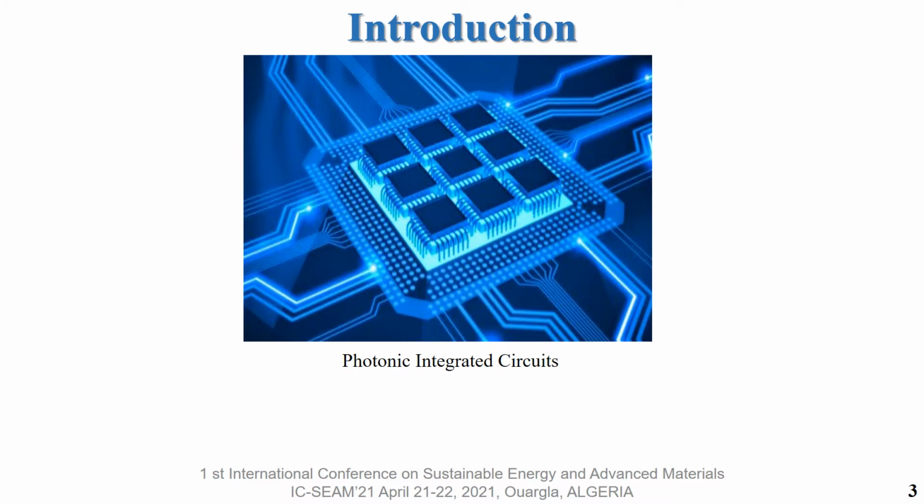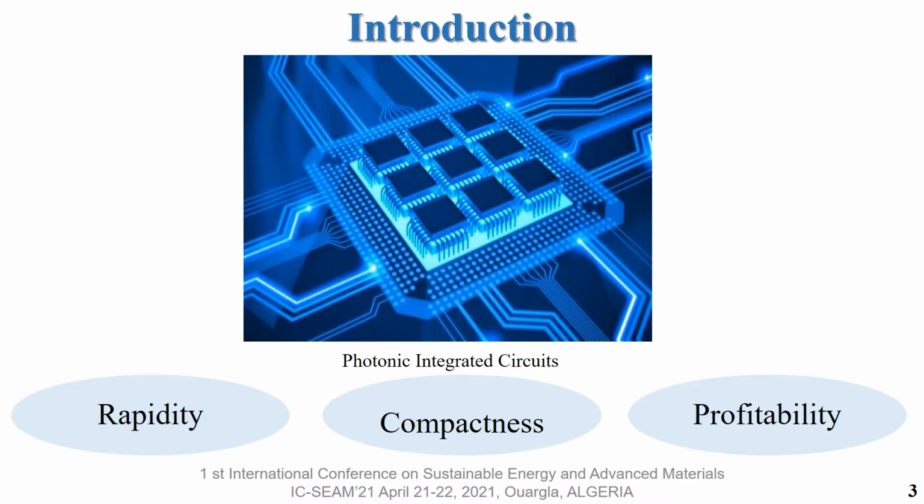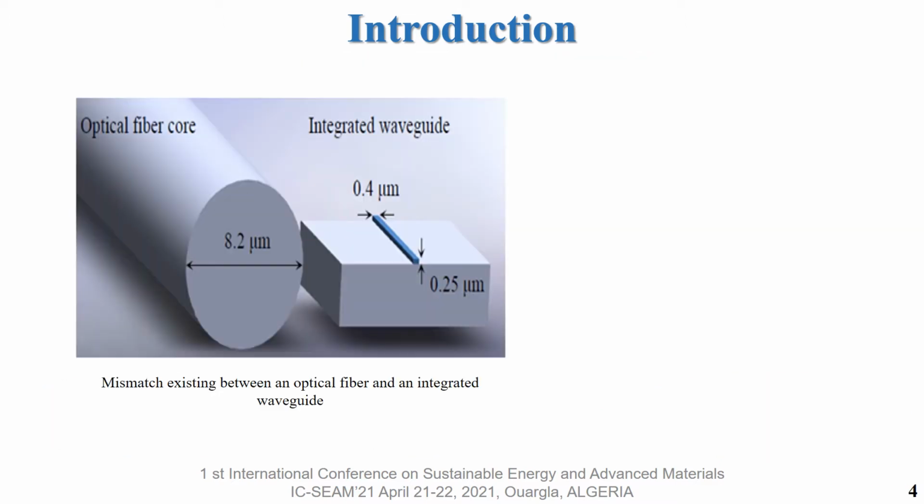The development of photonic integrated circuits has achieved great progress in terms of rapidity, compactness, and profitability. Studies show, however, that during the light transition from an optical fiber at micrometer level to an integrated waveguide at nanometer level, very high losses are generated because of the mismatch existing between the two devices.